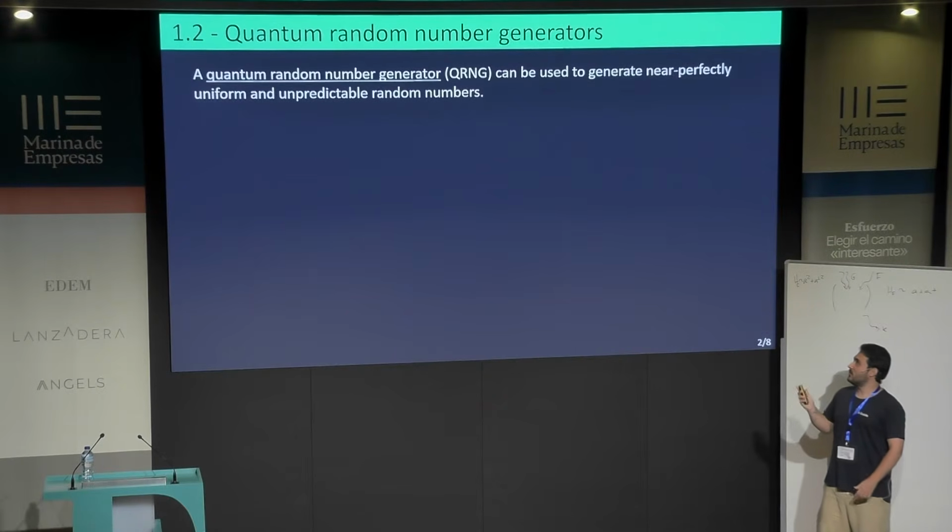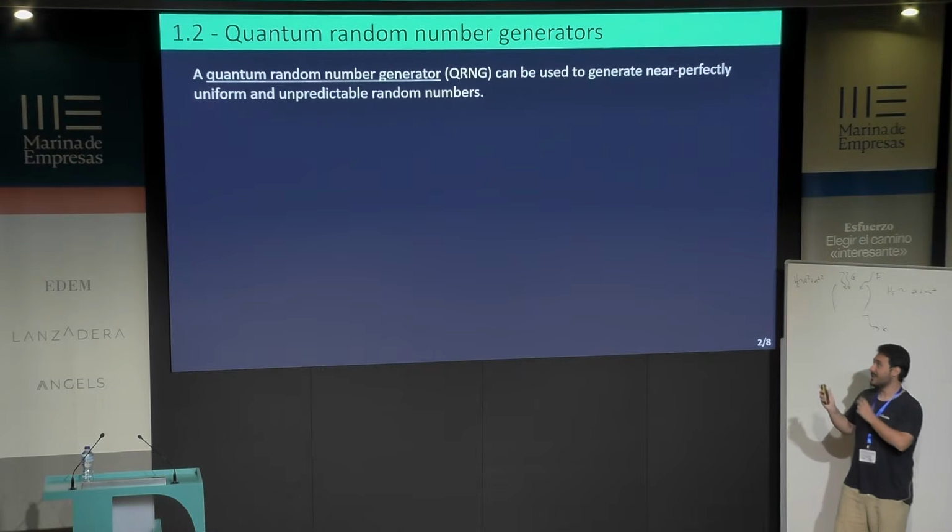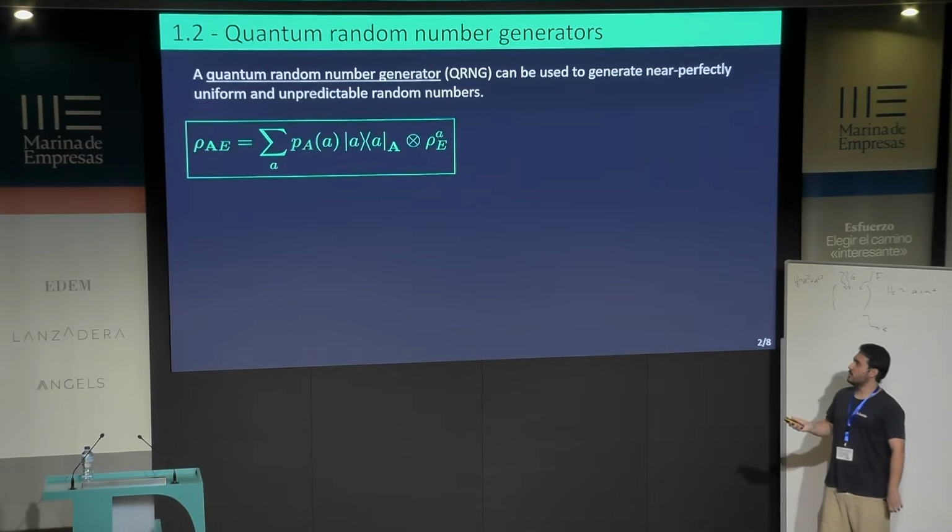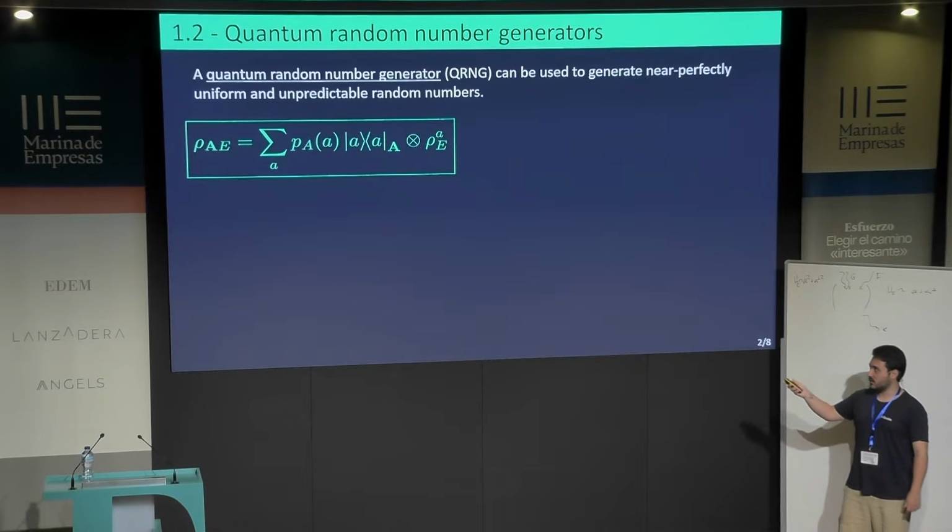So then, a quantum random number generator is simply a device that makes use of the inherent randomness present in quantum systems in order to generate random numbers that are near perfectly uniform and unpredictable. In particular, they will generate an initial sequence of bits that can be described by a classical quantum state.